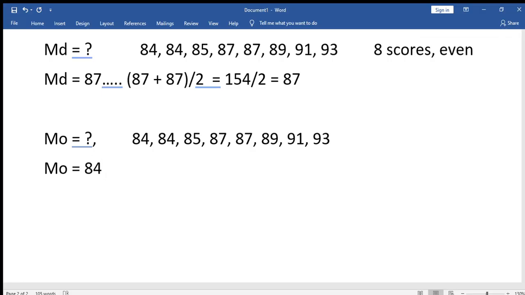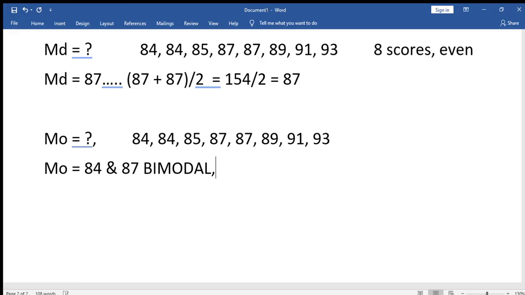This kind of data set, because there are 2 modes, since 84 occurred twice and 87 also occurred twice, is known to be bimodal, which means that in a data set there are 2 modes.